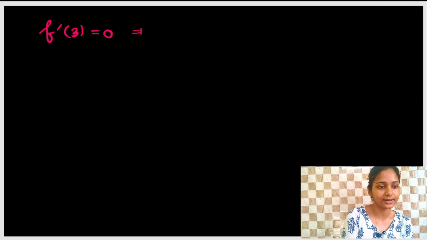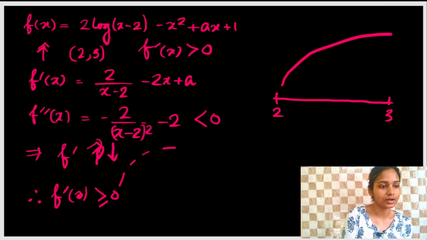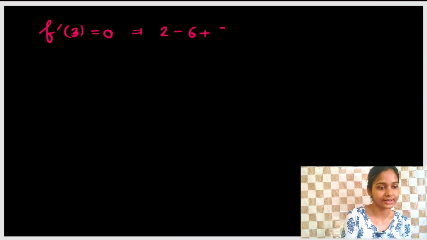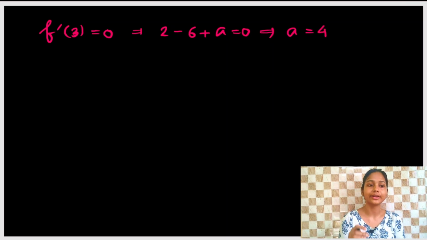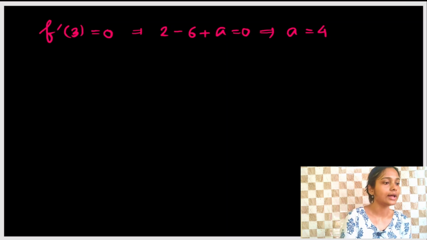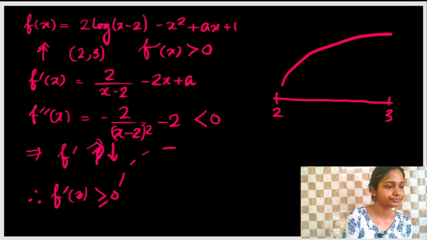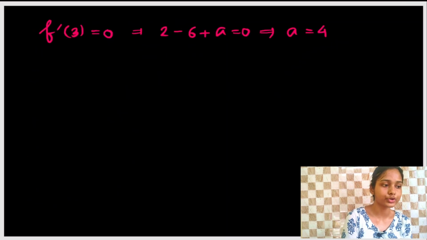So it suggests that 2 minus 6 and after that plus a will be 0. So this means a is 4. And also for f dash of 3 greater than 0, a should be greater than 4. So first let me go with a equals 4. So yeah, a has the value 4.